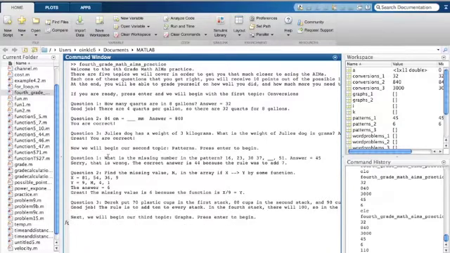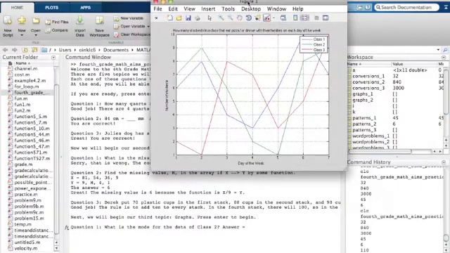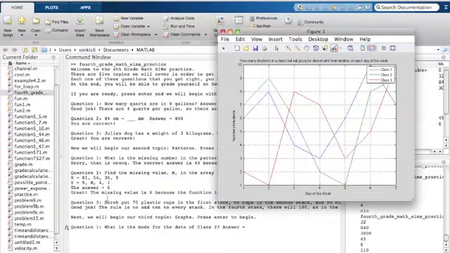So then we move on to the third topic, which is graphs. We'll enter to begin, and a graph shows up here, and it's how many students in a class eat pizza for dinner with their families on each day of the week. So there's 7 days of the week, and there's 3 different classes that we receive the data for. And if we look over here, it says what is the mode for the data of class 2.